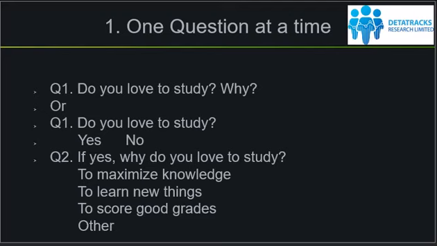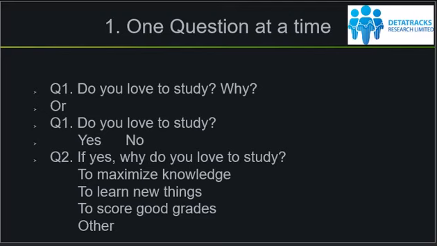The respondent gives a response which is either yes or no. And if he gives yes, then the next question is, if yes, why do you love to study? Then he can choose the choices which are given there, or even type his or her own choice in the other option. So among these two questions, the second question is better.